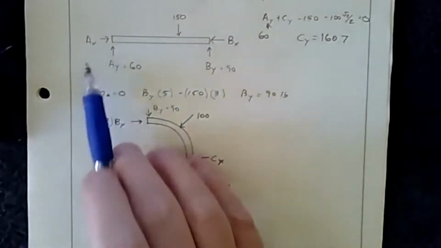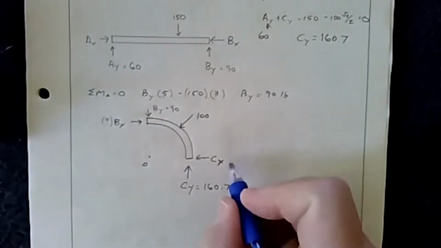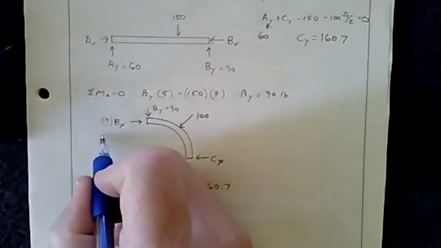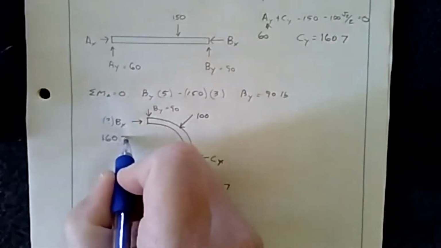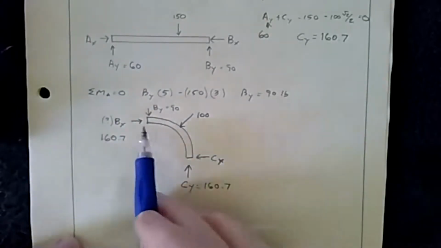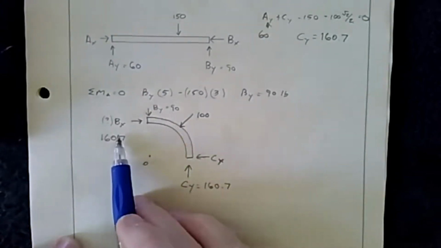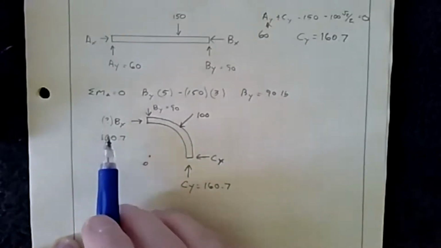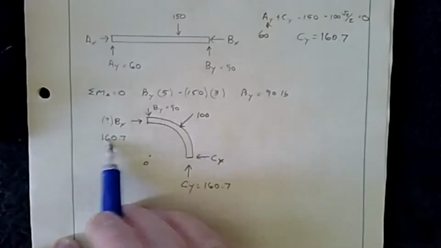So we've established that. So we know CX now. We know that BX equals 160.7. Now, if we know that, though, don't we know what CX is? Because we know that that's going to be 160.7.